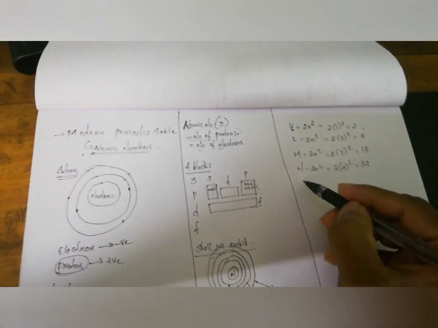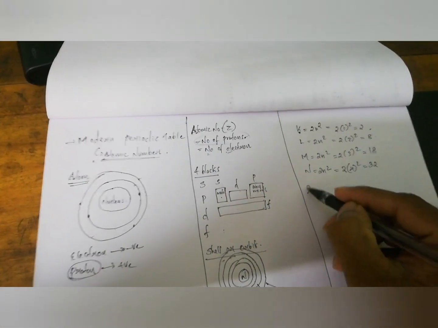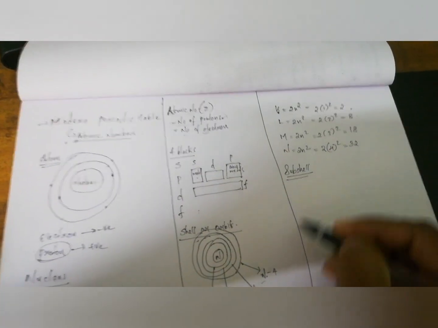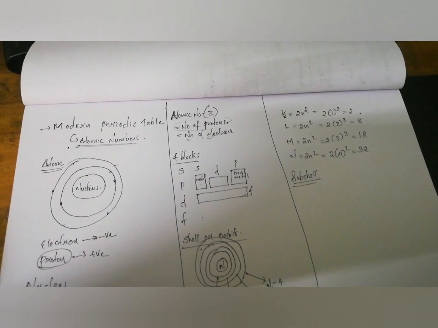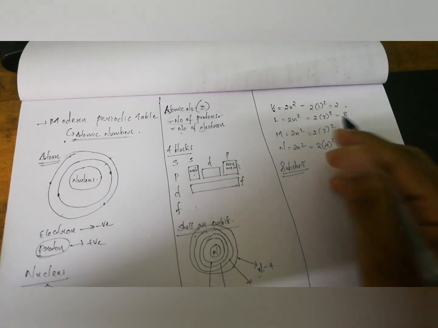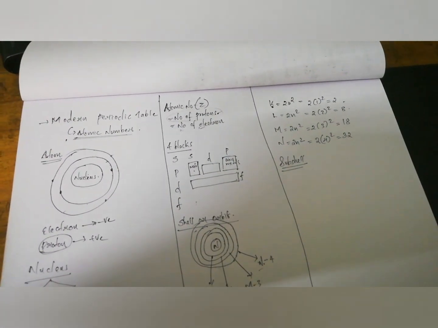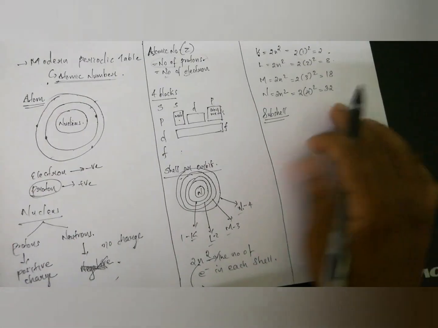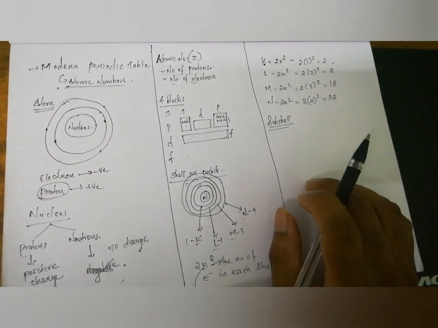Then we need to talk about subshells. What do you mean by a subshell? A subshell is a subdivision of an electron shell.